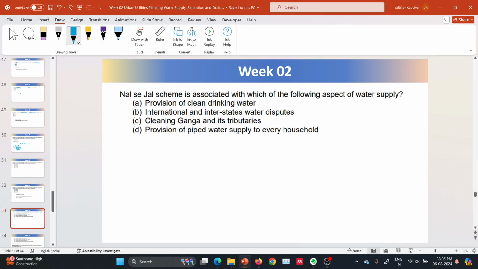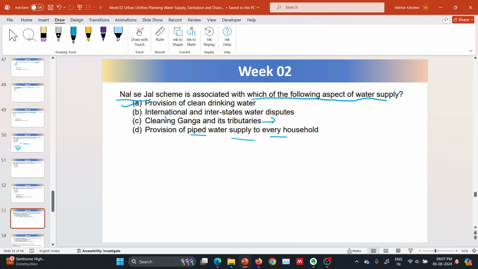Nal Se Jal scheme is associated with which of the following aspects of water supply? In Hindi, Nal Se Jal means water from tap. Cleaning Ganga and its tributaries is the Namami Gange program. Provision of clean drinking water is a different scheme.